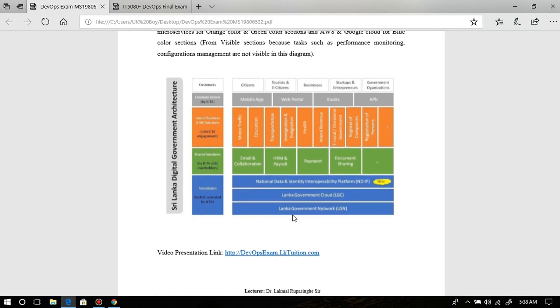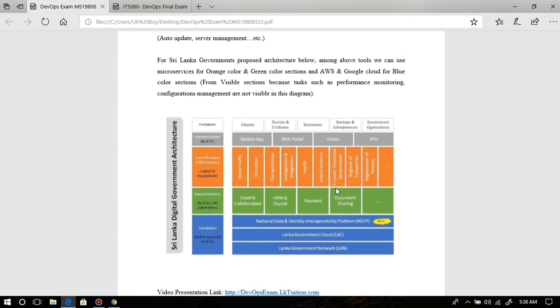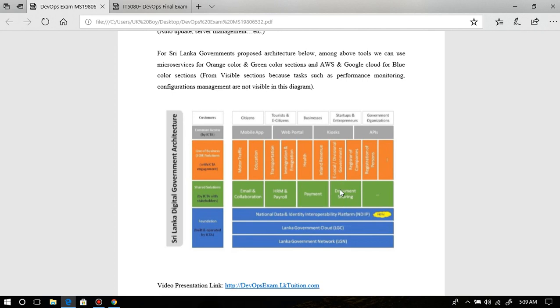As well, these blue colored ones, government network and Lanka government cloud, can be considered as the hosting layer. It means through that hosting package, we will have to add the system to the host, meaning cloud service. I have mentioned AWS and Google Cloud for the blue color sections.